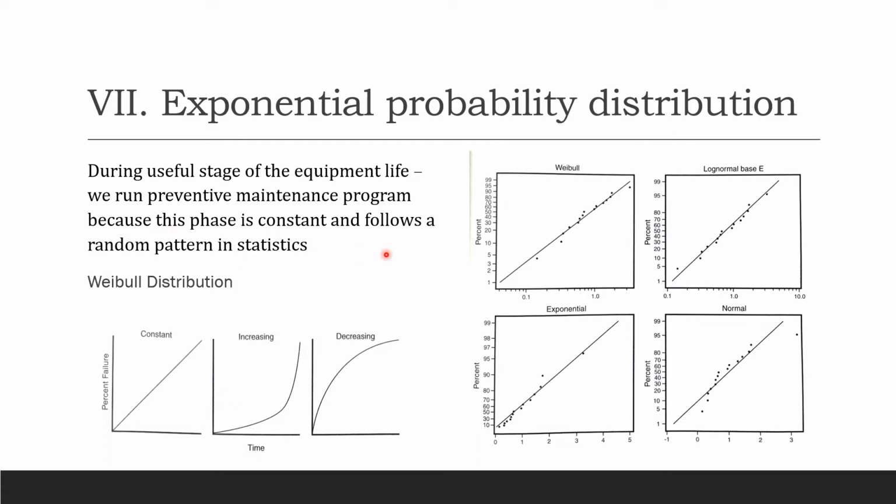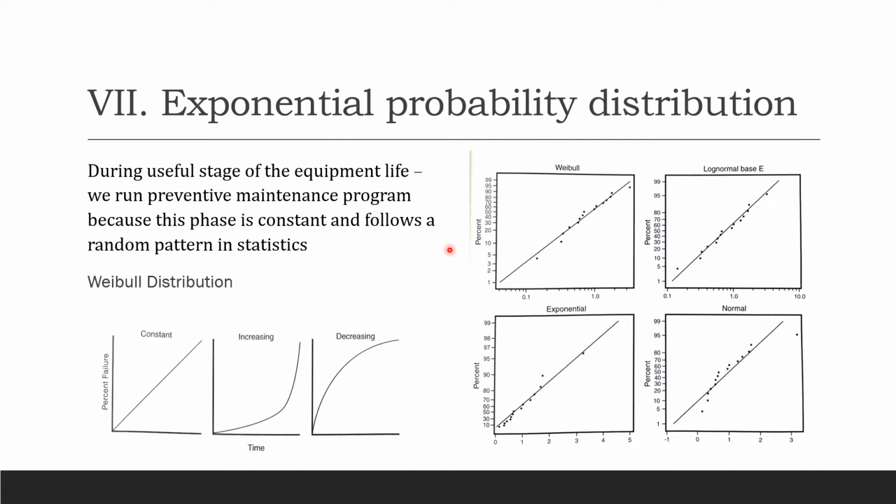What's important about the equipment life is that we can use the second stage to come up with the preventive maintenance program, because that phase's failure rate is usually constant and follows a random pattern. This is just a statistical data expression, so you can use it for your benefit for predictions.